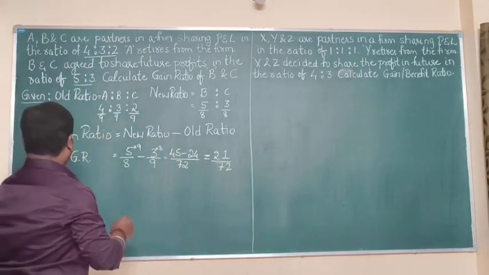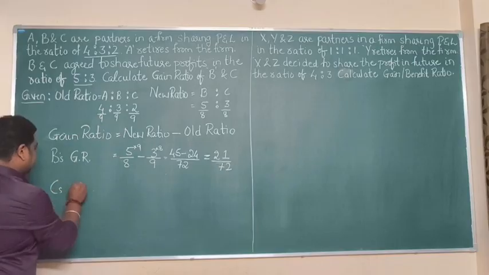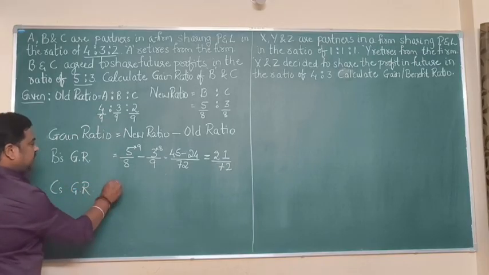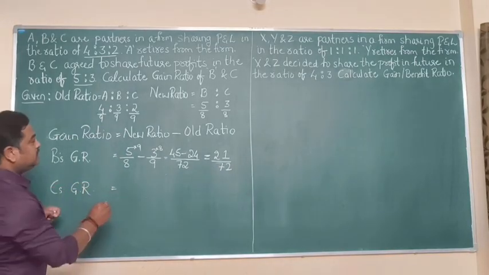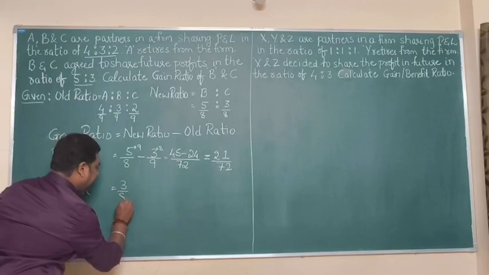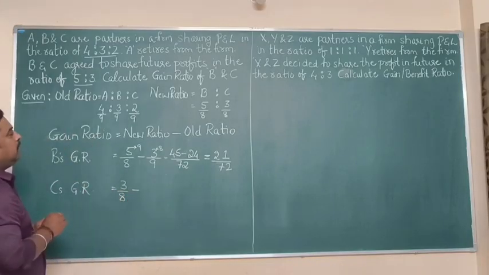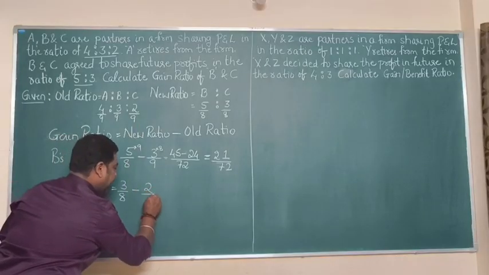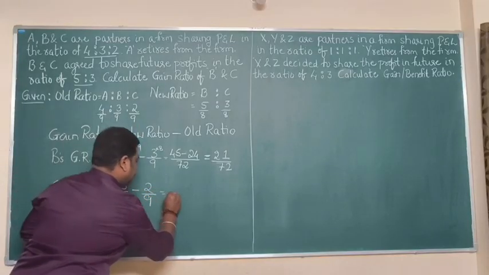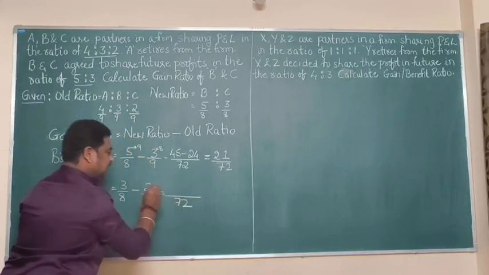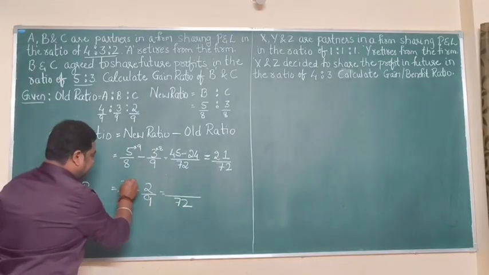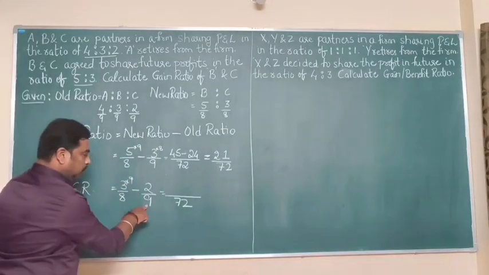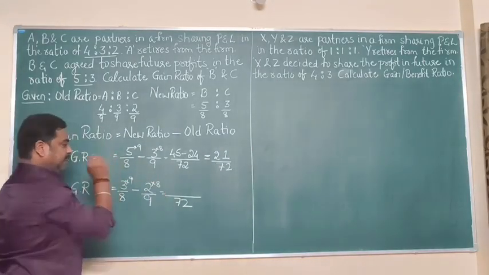So B's gain ratio is 21 upon 72. Similarly, C's gain ratio is equal to, what is C's new ratio? 3 by 8 minus, what is C's old ratio? 2 by 9. So common LCM once again is 72. 8 9s are 72. 9 8s are 72.